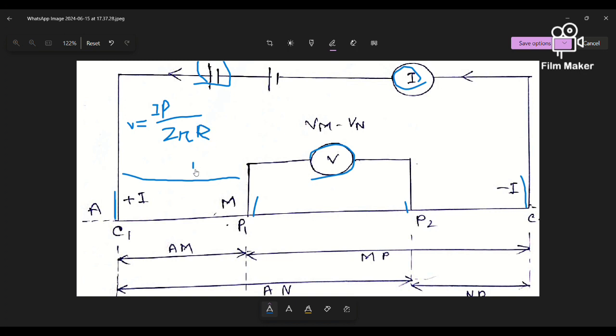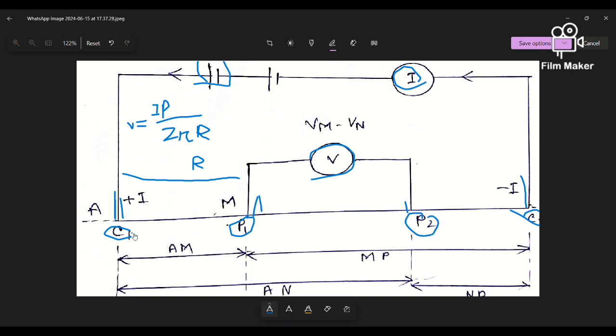So this r is the distance of one current electrode to one potential electrode. So here C1, C2 are the current electrodes, and P1, P2 are the potential electrodes.